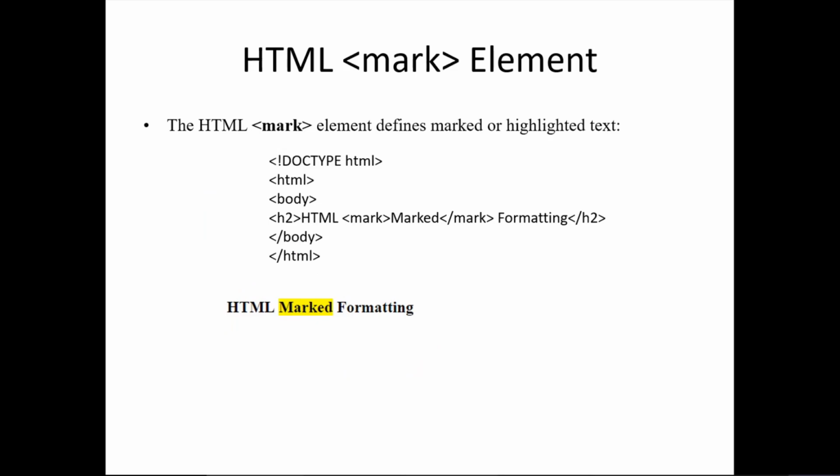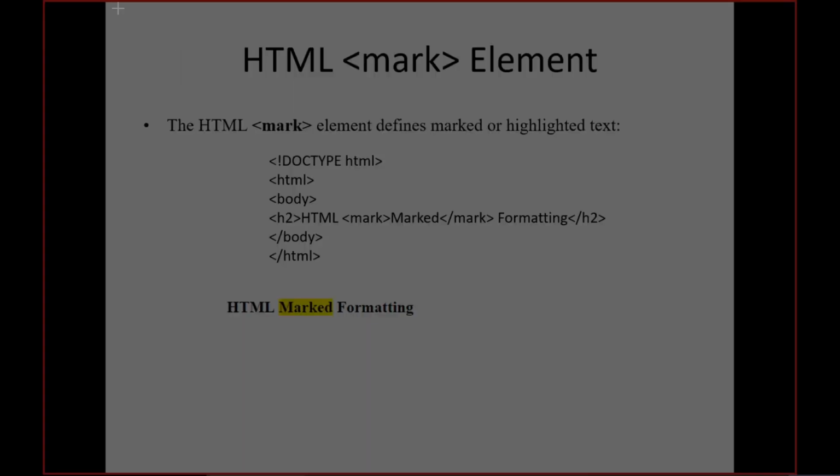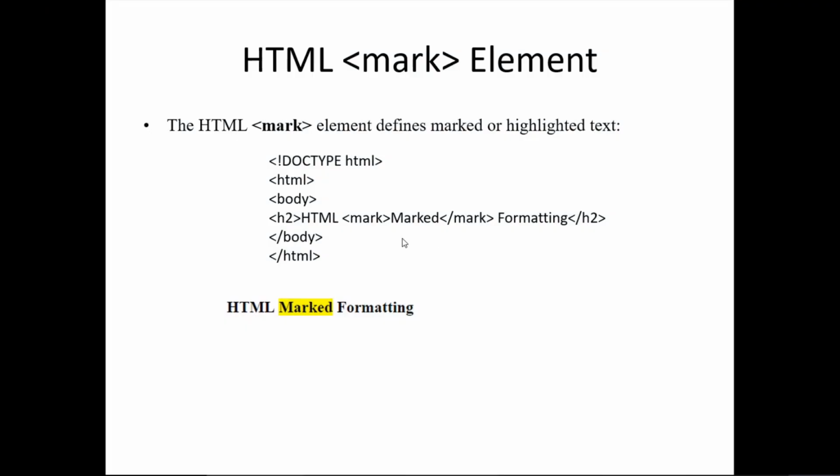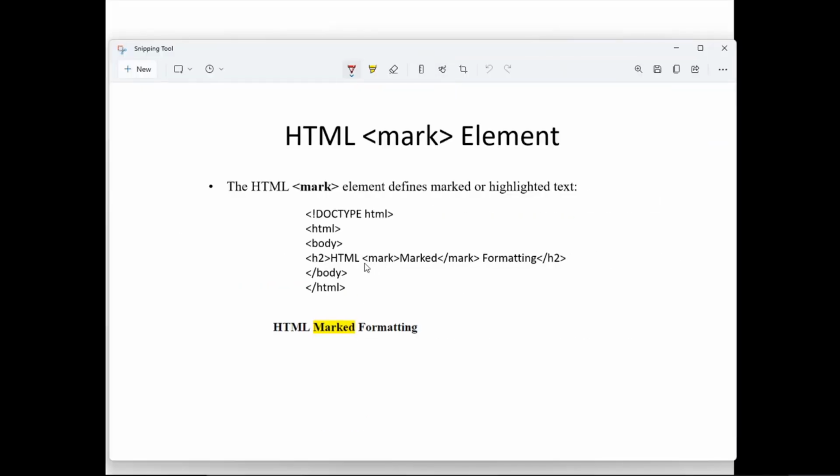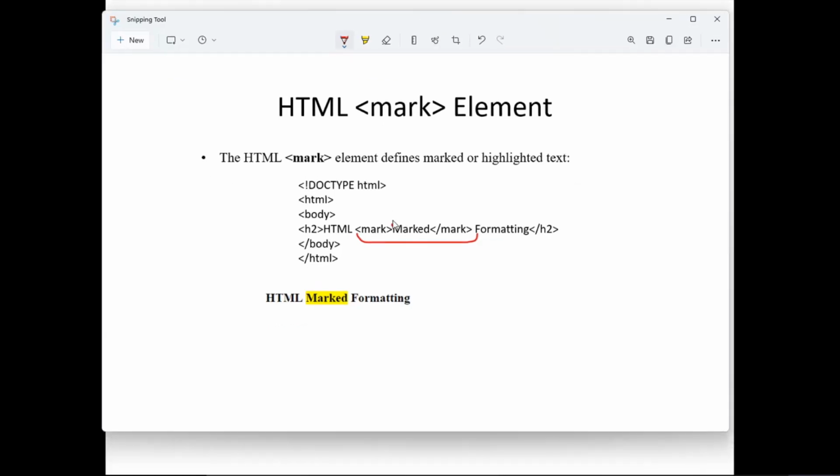We are having the HTML mark element. If you want to mark something, like in this example, we are having H2 HTML and then the mark element is there. This mark element has a starting and an ending tag, and the text in between the mark element is marked.